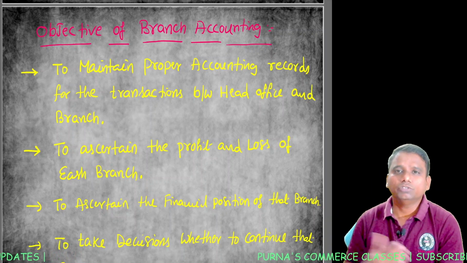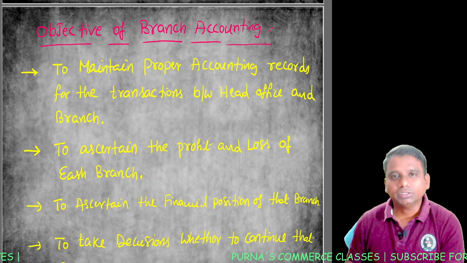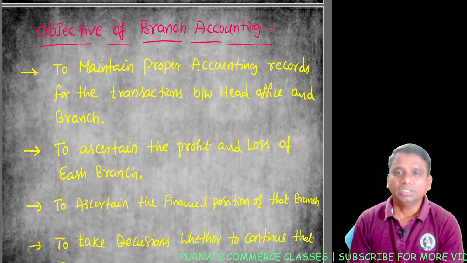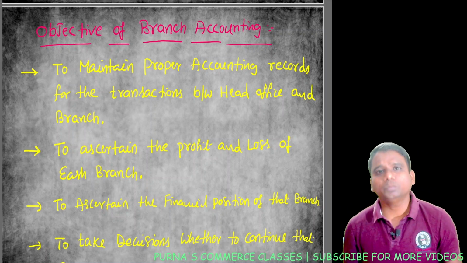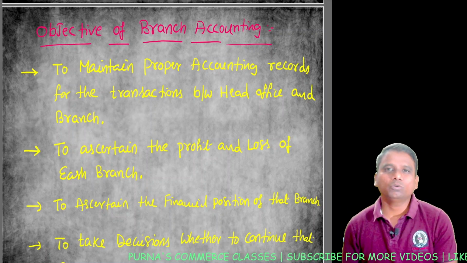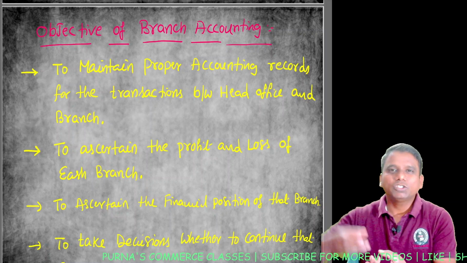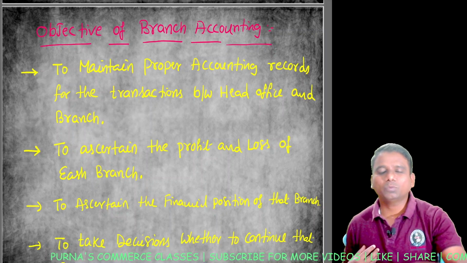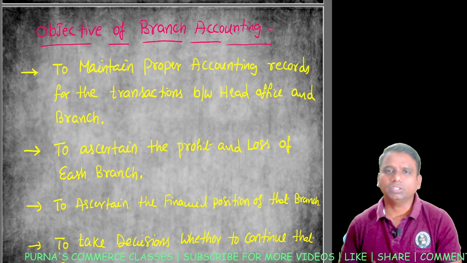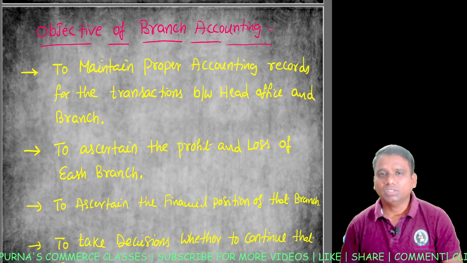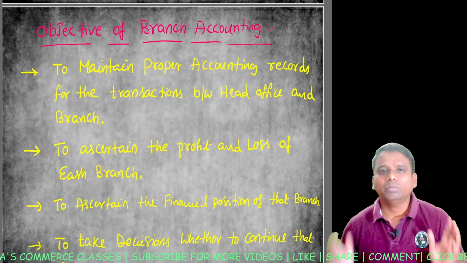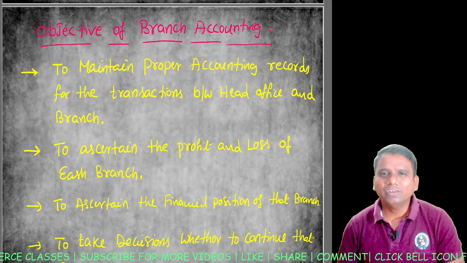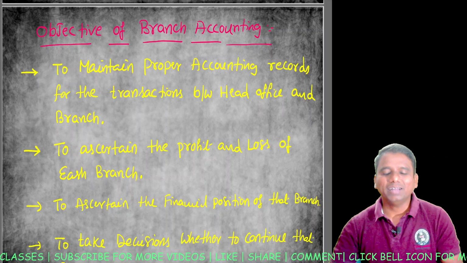Based on this we take the decision. If that branch is not profitable, then what is the purpose of opening it? After calculating the branch profit or loss and financial position, we decide whether to continue the branch or to shut it down. So these are the main objectives of our branch accounting.